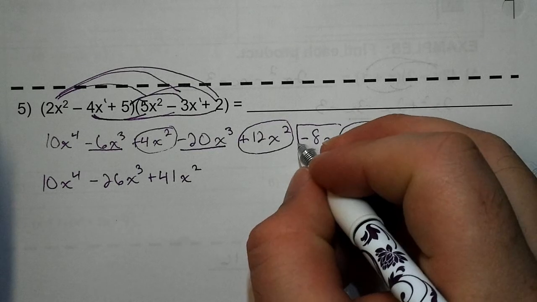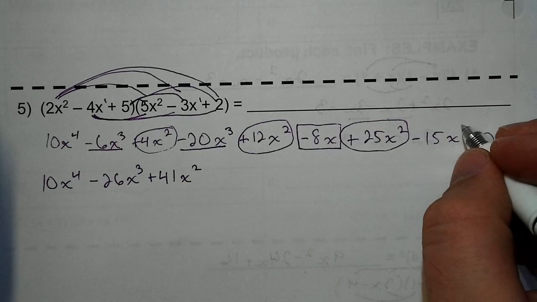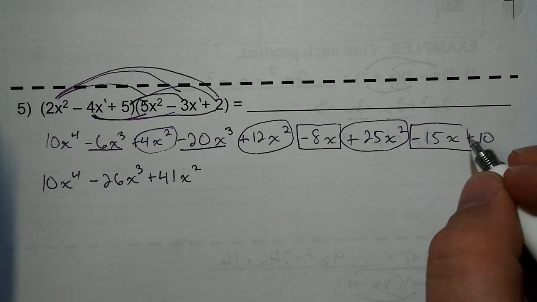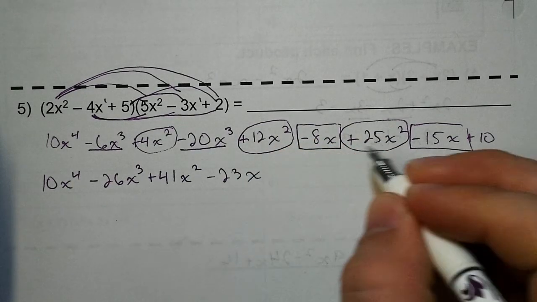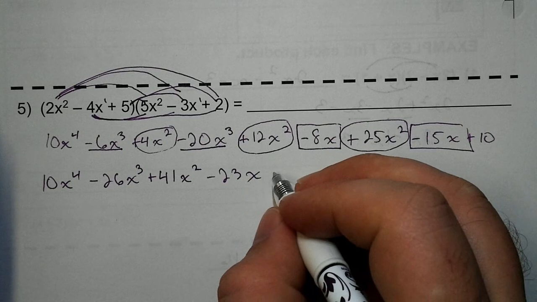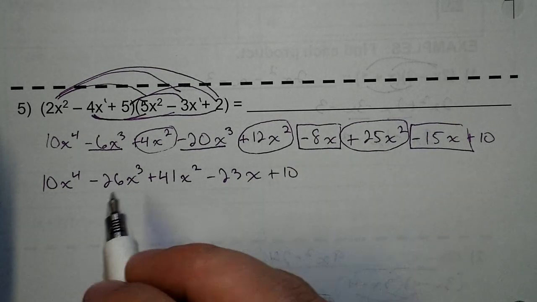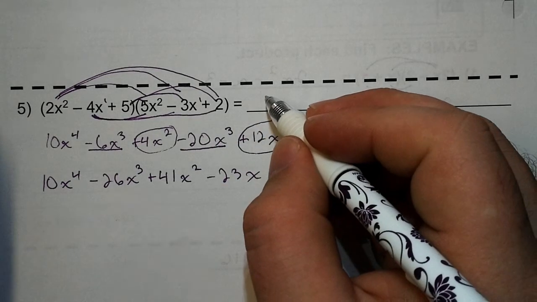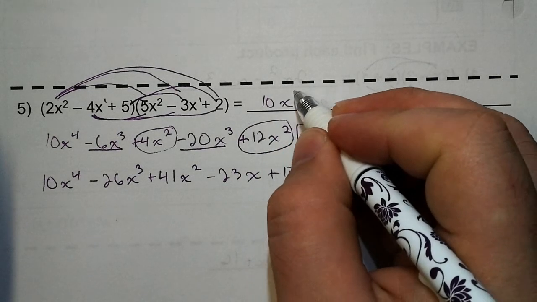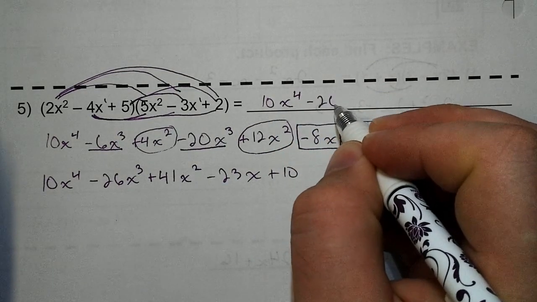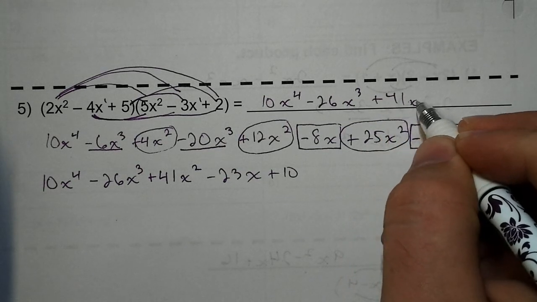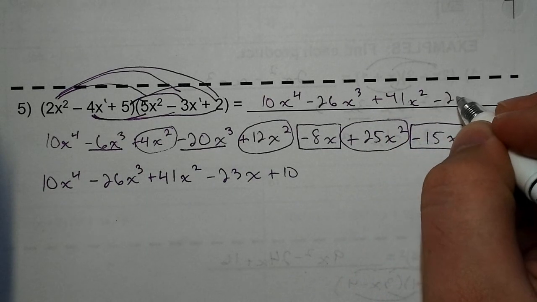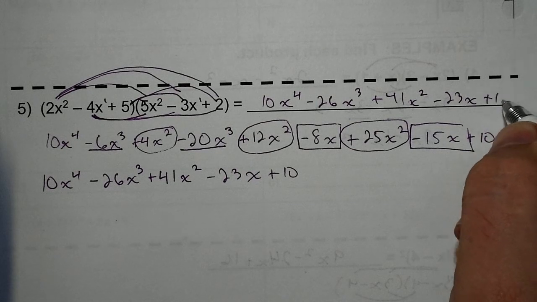I've got a negative 8 and I've got a negative 15. Negative 8 minus 15 more is negative 23. And last, I just have that plus 10 at the end. This is our final answer. 10x to the 4th minus 26x to the 3rd plus 41x squared minus 23x plus 10.